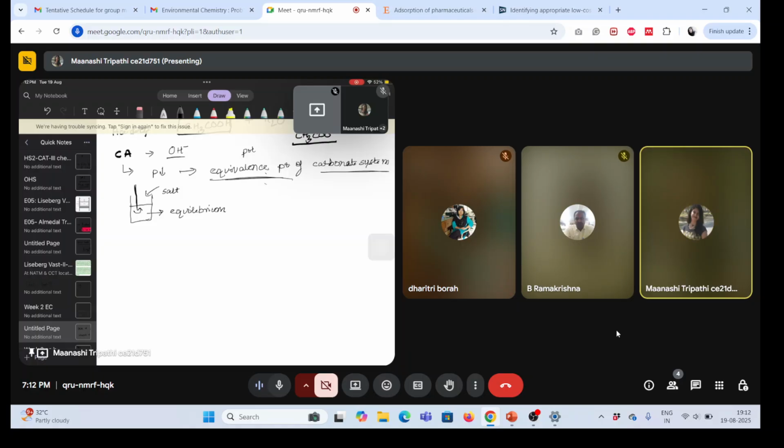Next comes the phenolphthalein alkalinity. There are basically two indicators available in the lab. One is phenolphthalein, another is methyl orange. For phenolphthalein alkalinity, we put phenolphthalein indicator in the solution and find out the change in color to determine the alkalinity. It is the acid needed to bring the pH to the bicarbonate equivalence point.